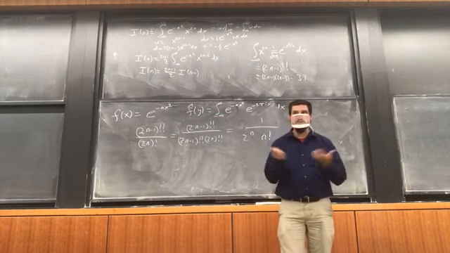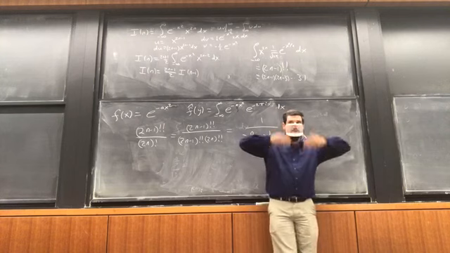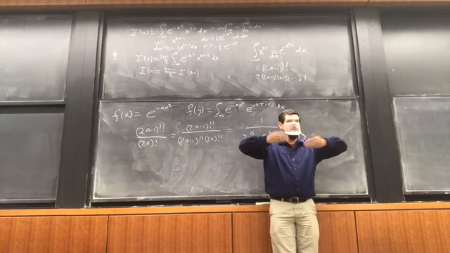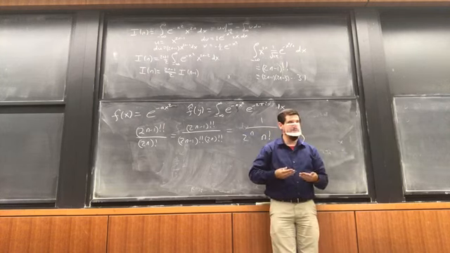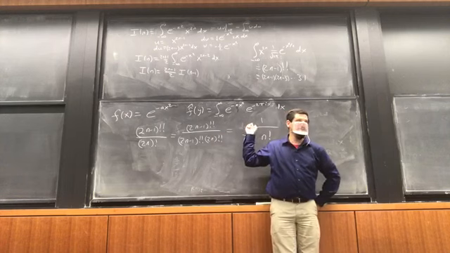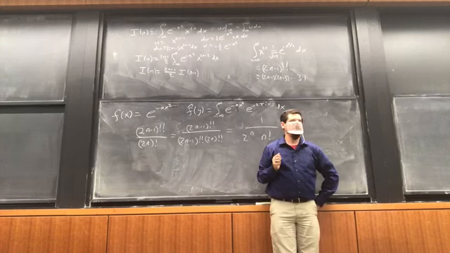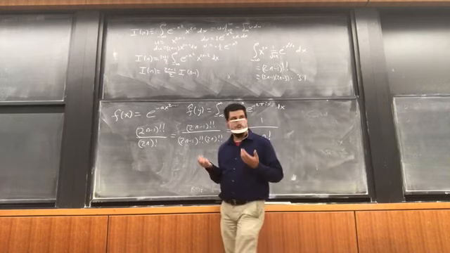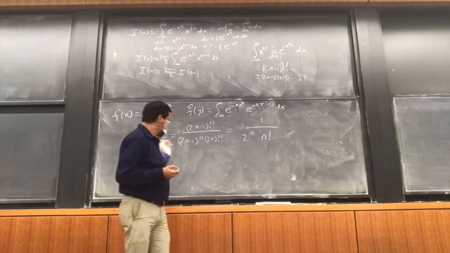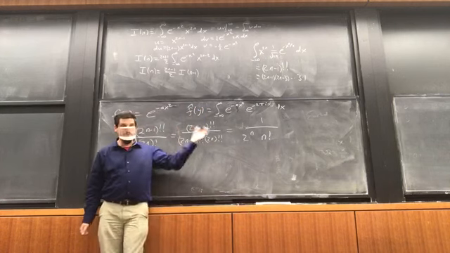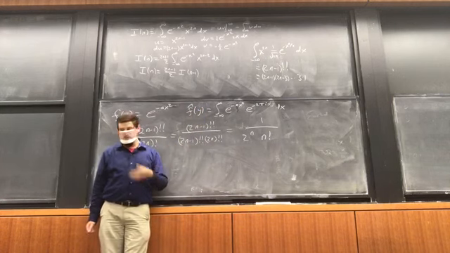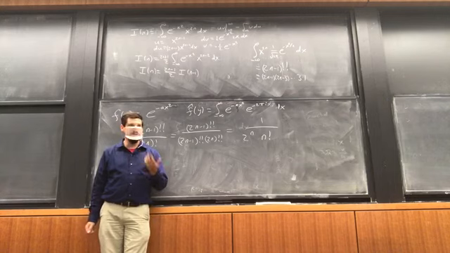This doesn't look like it's going to be a Gaussian, because only even powers of n survive. But this cancellation takes all the evens and moves them down to just all integers. So I strongly urge you to go through the calculation in detail. Make sure you can do it. It's a really good calculation to be able to do, but you will get that the Fourier transform of a Gaussian is a Gaussian.